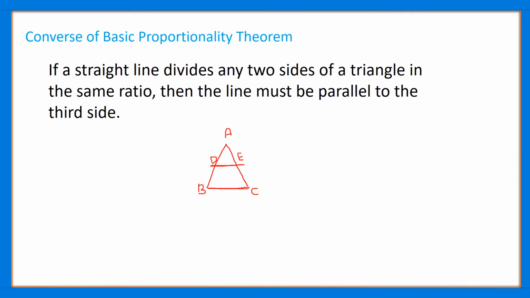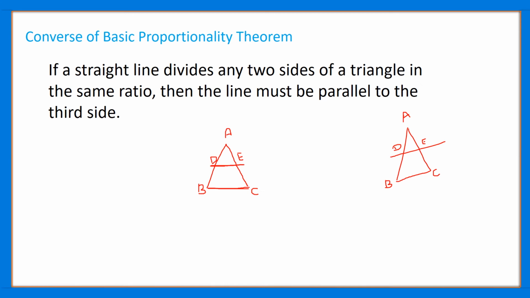In the basic proportionality theorem, what we learnt is that if we have a triangle ABC and we draw a line parallel to BC that cuts AB at D and AC at E, then the ratio AD by BD is equal to the ratio AE by EC.